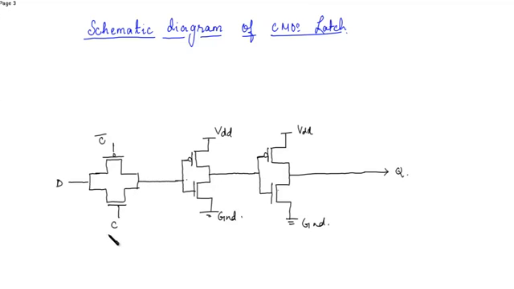Now when C is equal to 1, then this transmission gate is activated. So we'll place another transmission gate so that when C is equal to 0, then this transmission gate will work.